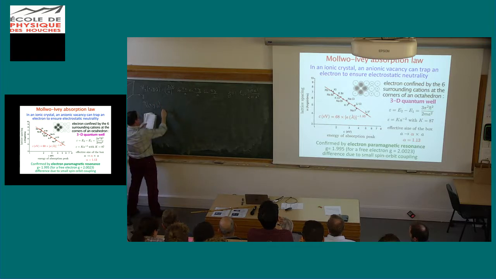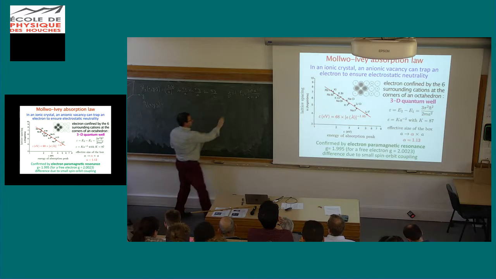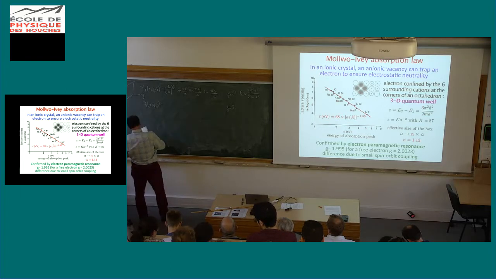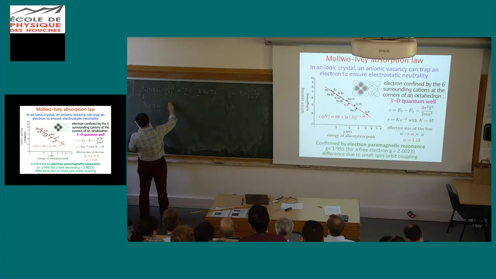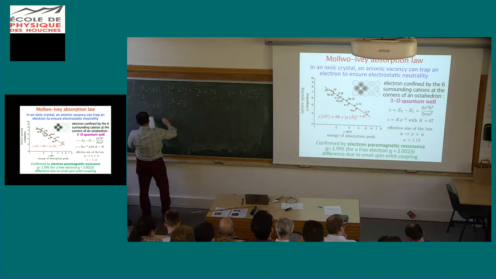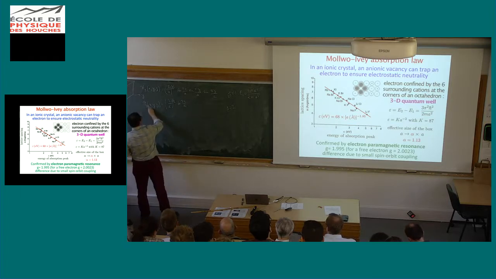Now, if I calculate the second energy state, I will have a state which has a degeneracy of 3, and it will be the same. So this is called z.